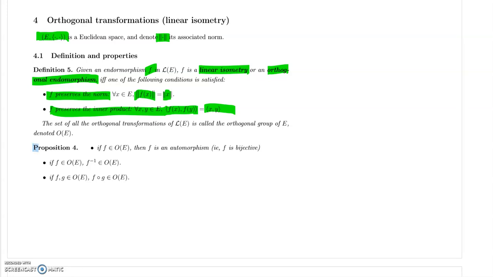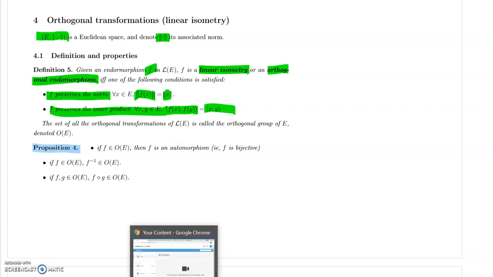Okay, next. Let's have a look at this proposition. If F is an orthogonal transformation of E, then F is an automorphism. In other words, F is bijective. Let's prove that. So let's prove this first part.